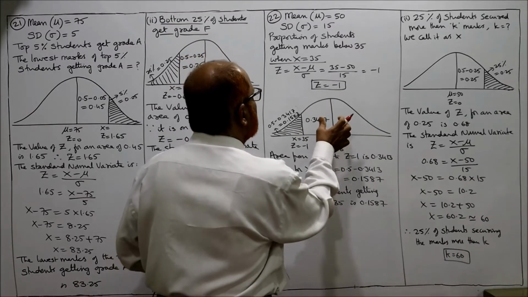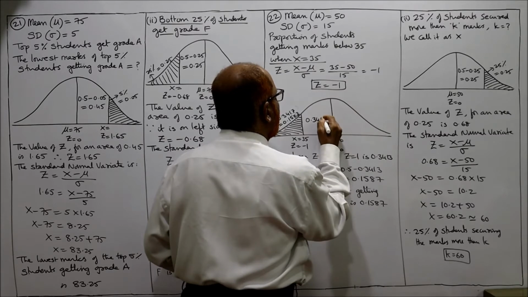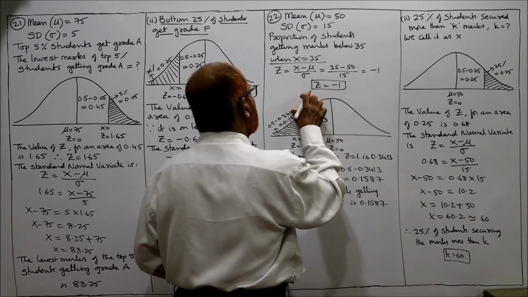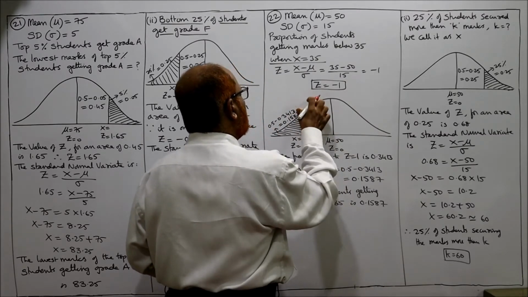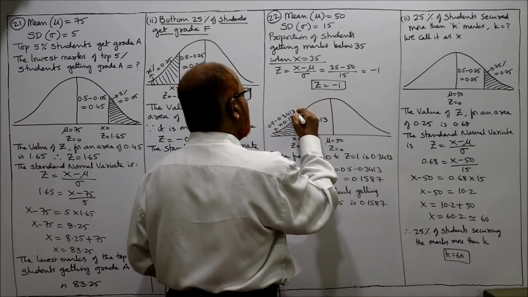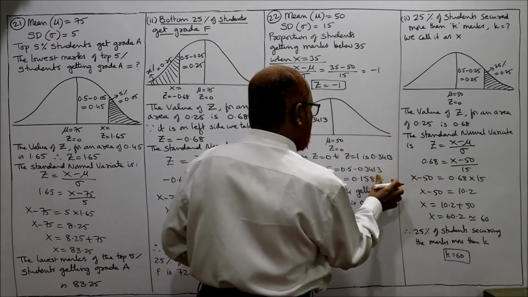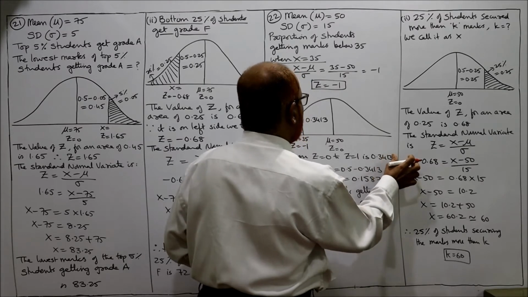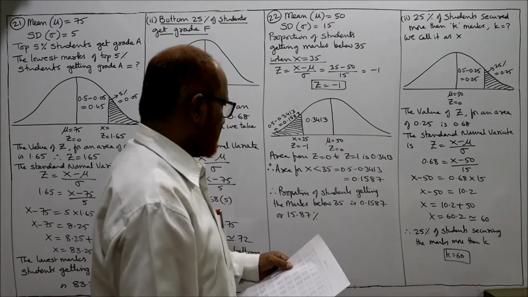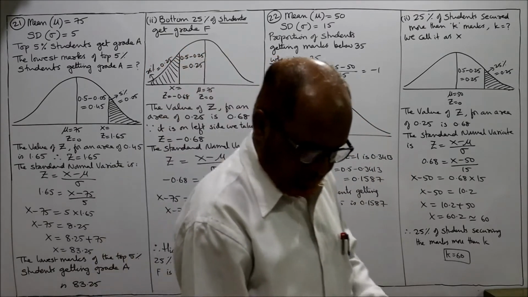Here also it is 0.3413, and the result is 0.1587. Now it is correct: 0.1587.